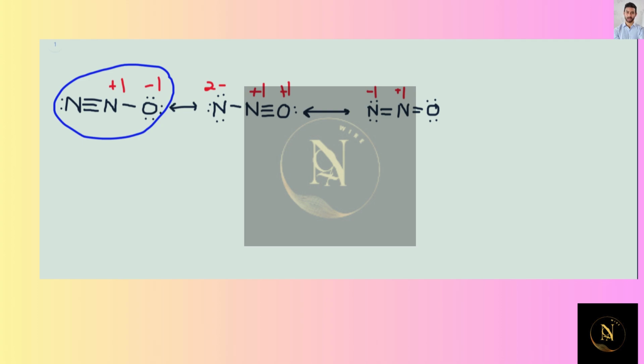So the NN bond length in N2O is 1.2 angstroms, slightly longer than the N double bond, and the NO bond length is 1.19 angstroms.